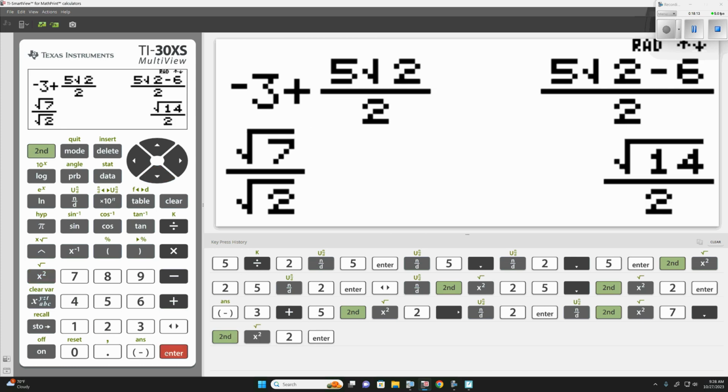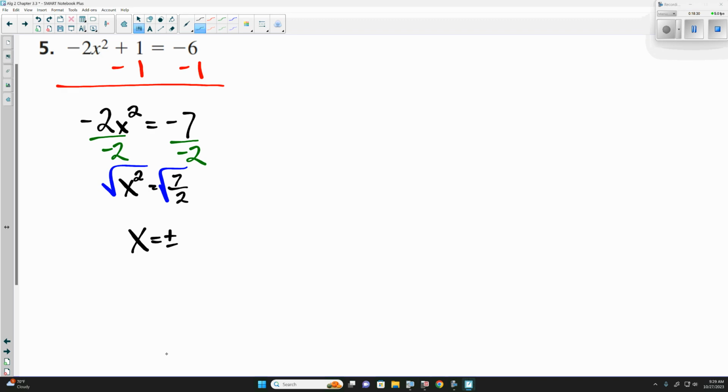So square root of 7 over square root of 2, which does simplify to the square root of 14 over 2. At this point, I don't see a whole lot of reason for us to go back through rationalizing these. When we get into our chapter over radicals, we'll go back over that. And that's it. Questions over any of this here?